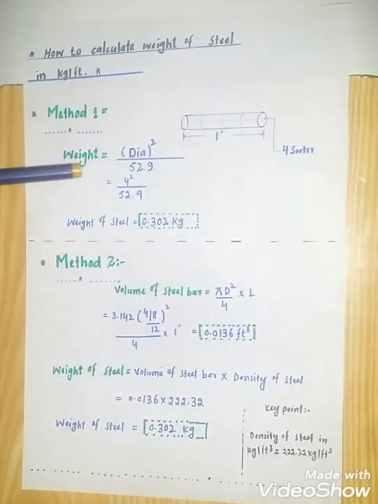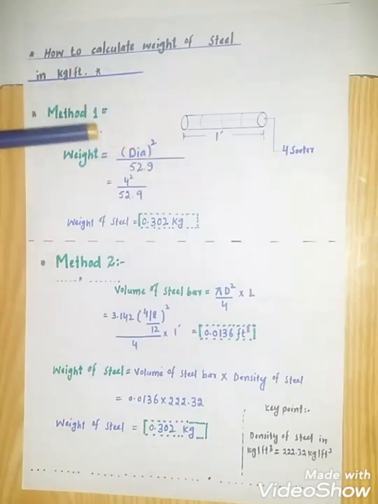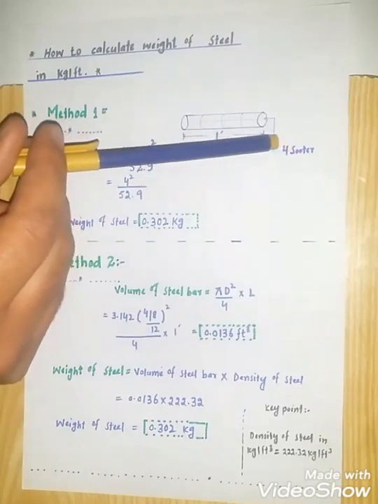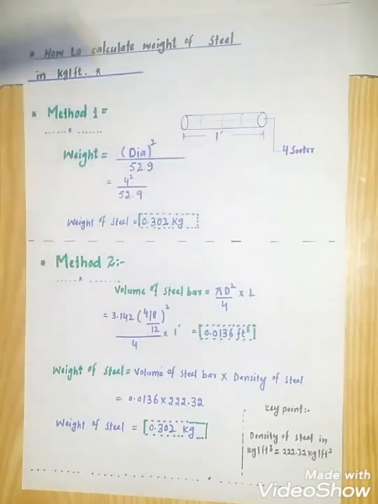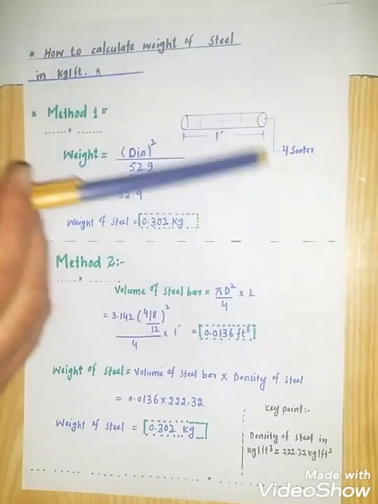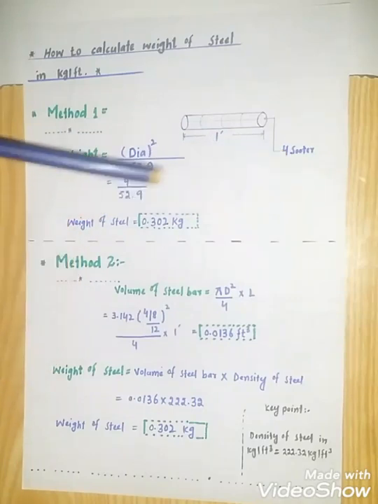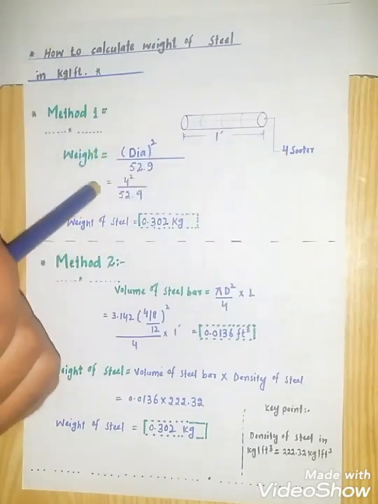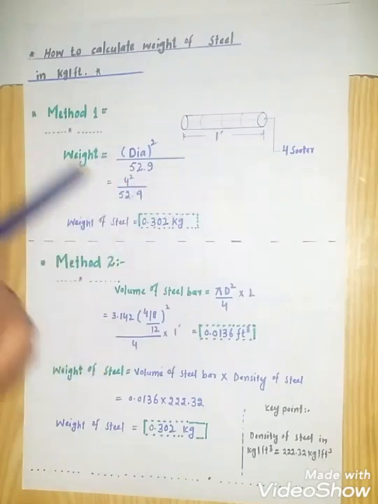For finding the weight, this formula is used. Weight is equal to dia square divided by 52.9. My dear viewer, one thing you remember in your mind: in this formula, you don't need to convert the dia bar into any other unit, but you directly put the dia bar in this formula. 4 square, this is the dia bar, divided by 52.9.